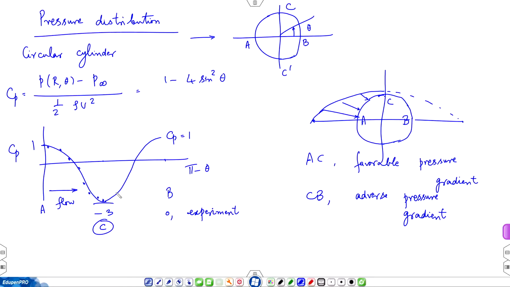Let me just emphasize the difference between theory and experiment. The open circle is experiment for the favorable pressure gradient part. So, let us use a cross for the portion CB. So, it is not a simple departure, it is a major departure.